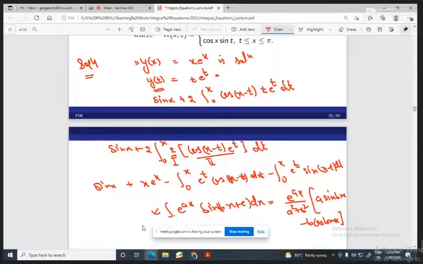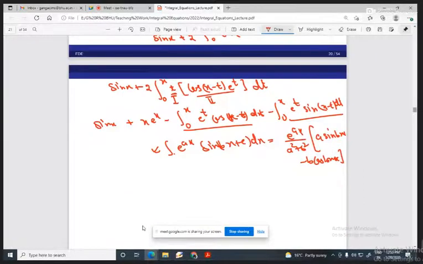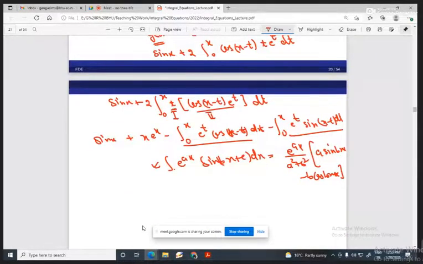When I apply this formula to this expression, and also for cos, then we will obtain it; it is just calculation.